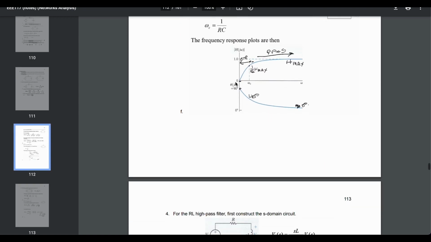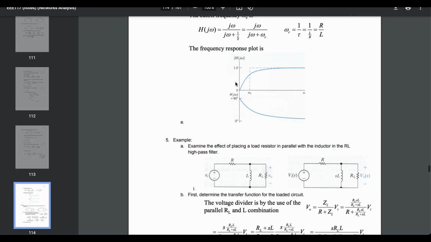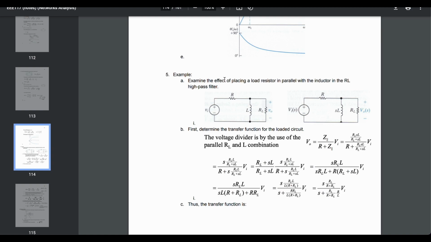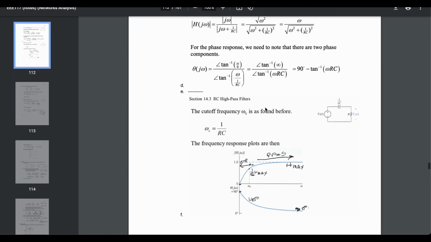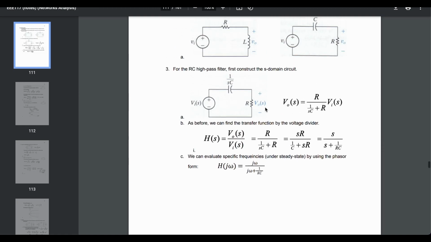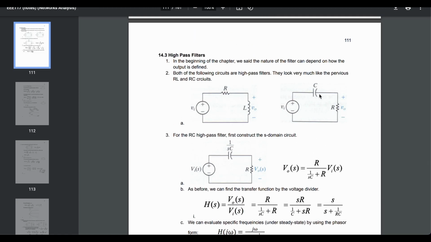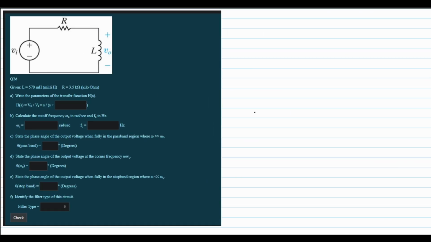The high pass allows the higher frequencies to go in, and we also have examples of this where we actually have a load resistor in parallel with our inductor, or if we had a capacitor, we would have a load resistor in parallel with the capacitor. So it depends on how it's written, but this is kind of the base form of it. So if it looks something like this, that means it's a high pass filter. So the answer in part F is a high pass.